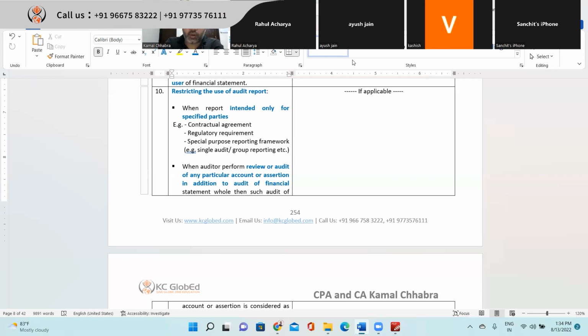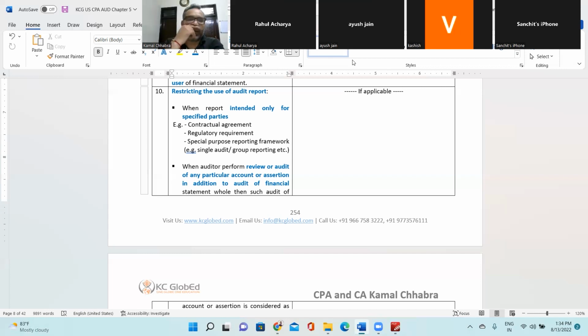For example, single audit, group audit, contractual audits, regulatory audit. In those cases you can restrict the use of your audit report only to the specified party and for the specified purpose. Make sense? Yes, sir.